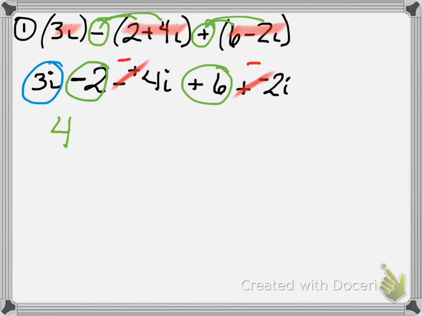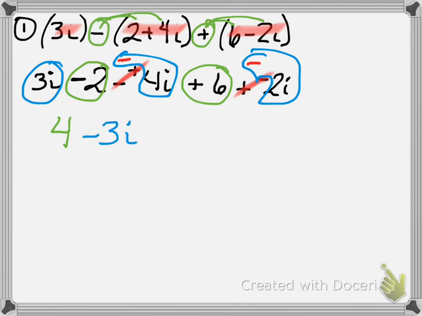Positive 3i minus 4i minus 2i, excuse me. So positive 3 minus 4 is what? Negative 1. Minus 1, or minus 2, negative 3i. That is your answer.